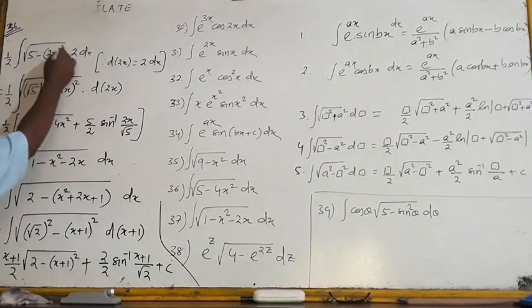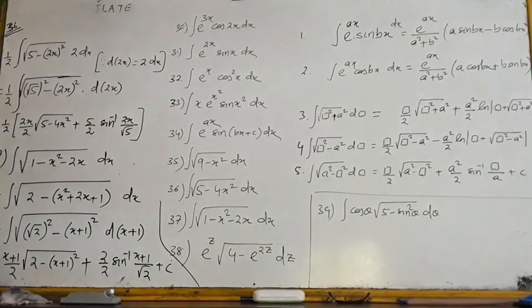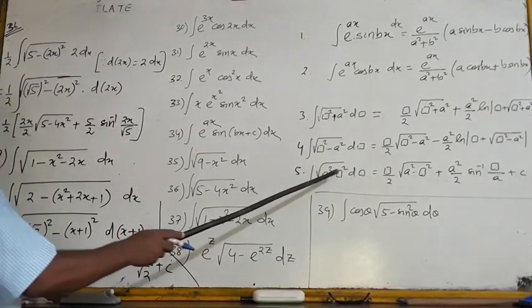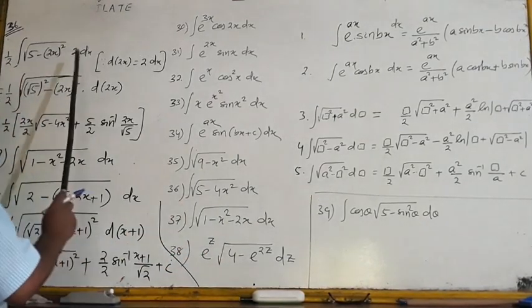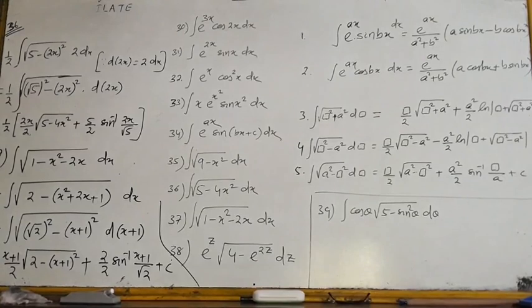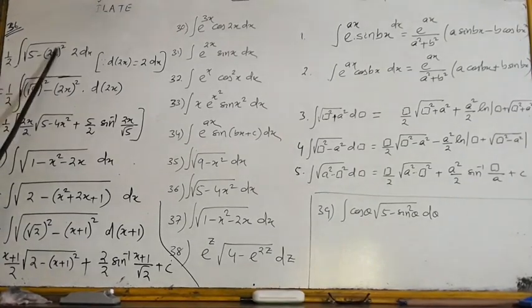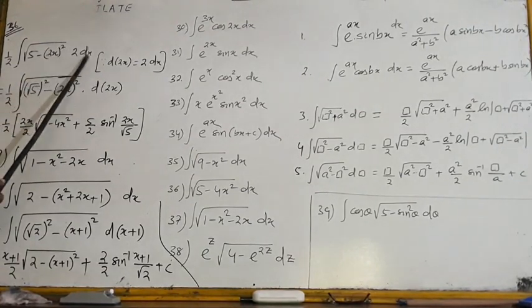That means you have to put the derivative of 2x, and the derivative of 2x is 2. So square root of 5 minus 2x square into the derivative of 2x, that is 2 dx, and it is half into 2 dx.